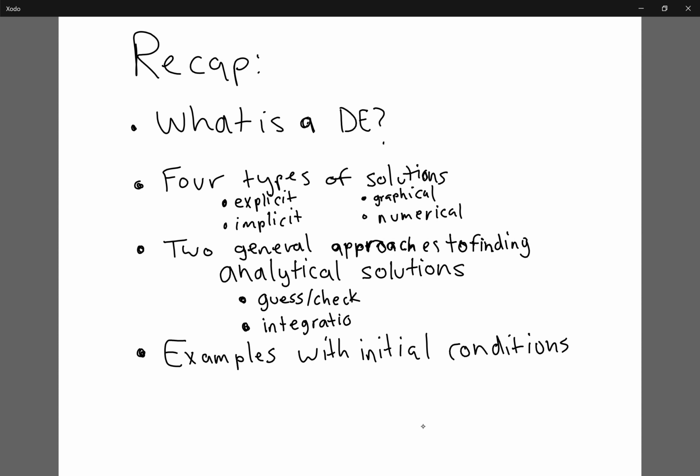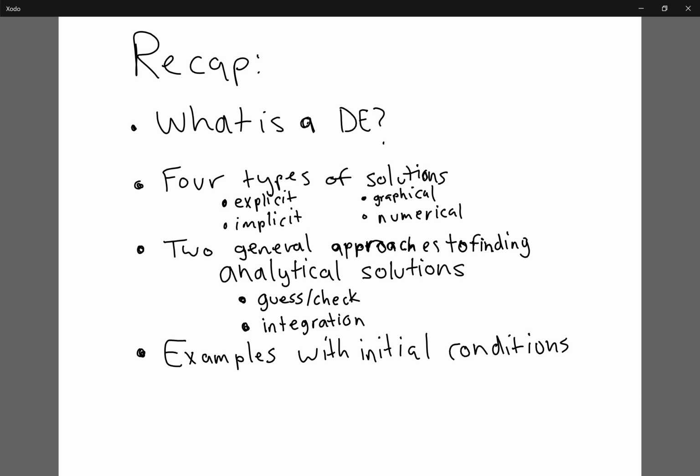And lastly, we looked at a couple of examples of how we can use both of those approaches to solve differential equations. For now, I will provide a guess so that you know where to start if guessing and checking is needed, but later on we'll talk about how do you come up with the right intuition to come up with guesses on your own. And then we also did some examples where you use antiderivatives or definite integrals to get rid of the derivatives in the equation and solve.